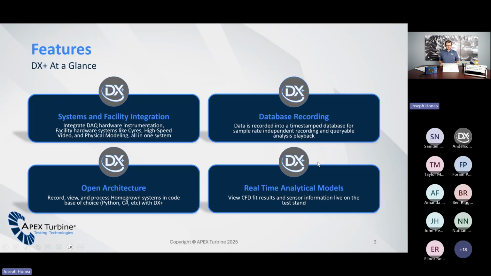So as a review, some of the features at a glance: DX Plus provides system and facility integration. In the Notre Dame test specifically, we're able to use the CIRIS system to bring in both the static pressures from the test article as well as the facility pressures, temperatures, PLC states, and the like.